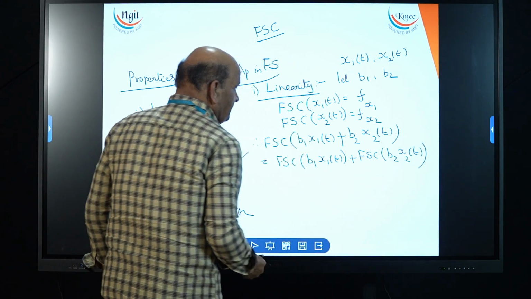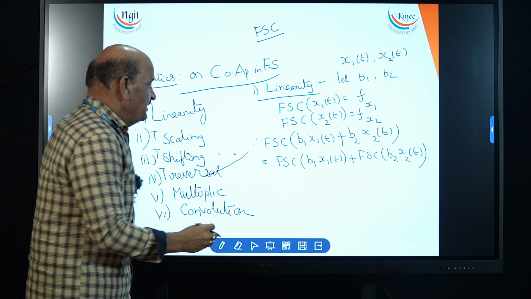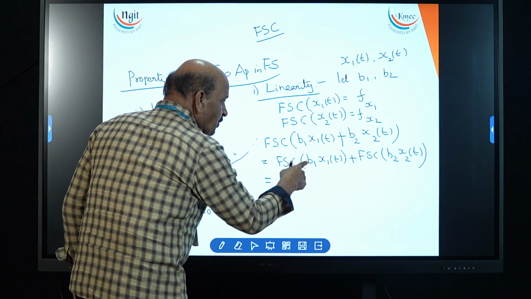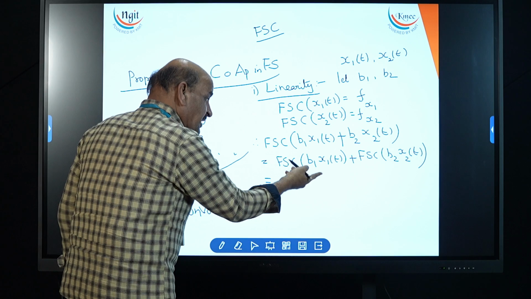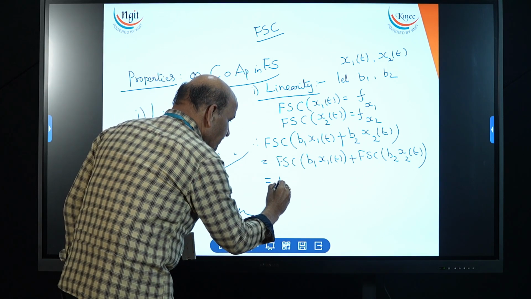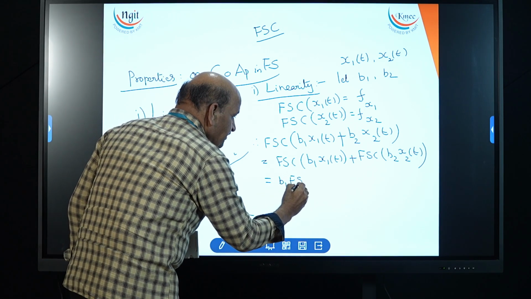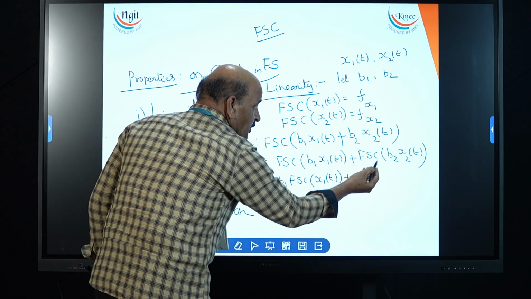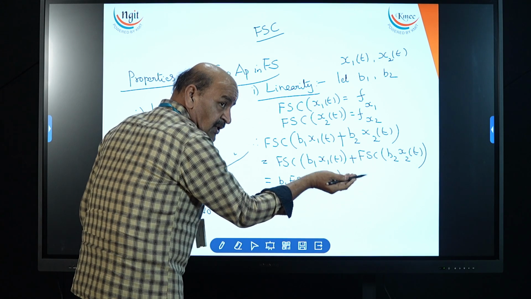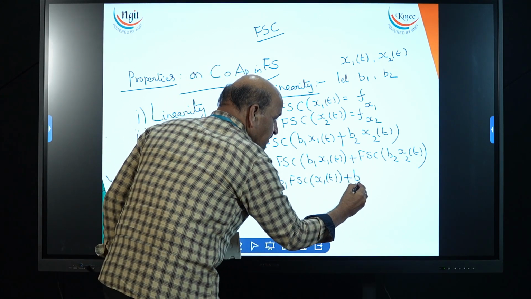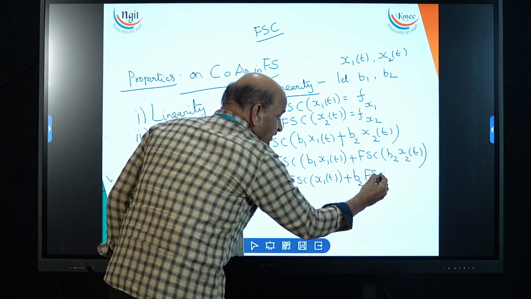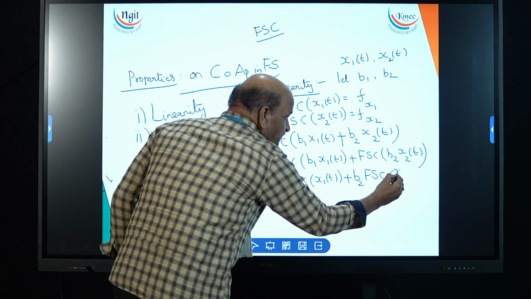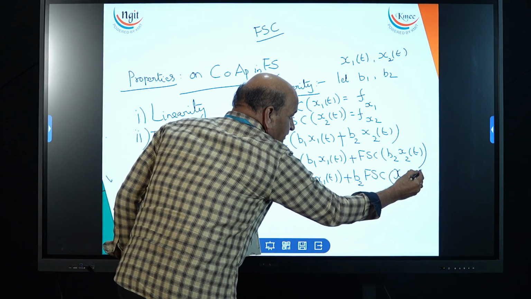Individually split the given whole term. This will become b1, the coefficient, taken out of the function. So b1 into Fourier series coefficient of x1 of t plus b2, a constant, taken out of the function. That is b2 into Fourier series coefficient of x2 of t.